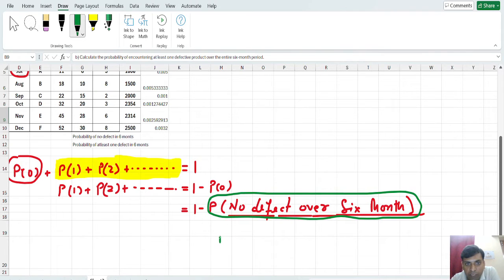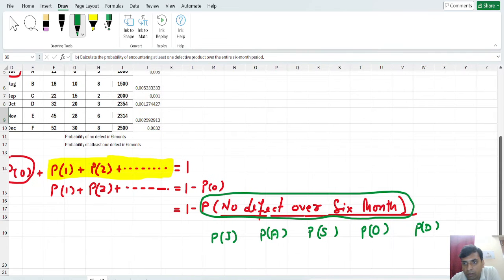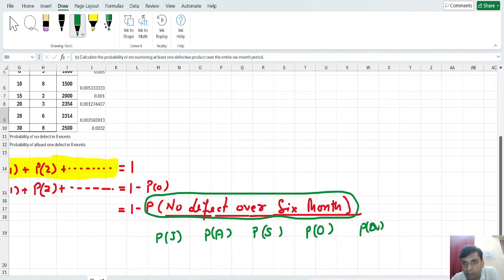We will find the probability of no defect in the month of July, then August, then September, October, November, and December. So you need to find the probability of no defect in the months of July to December, and then find the overall probability for these 6 months.